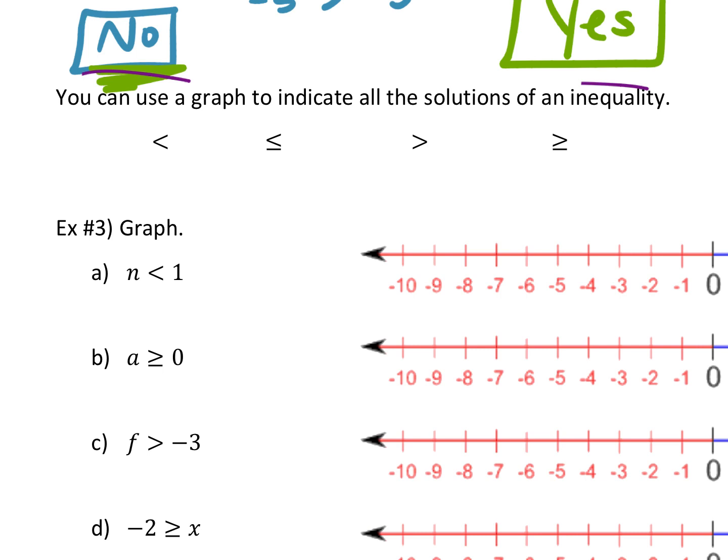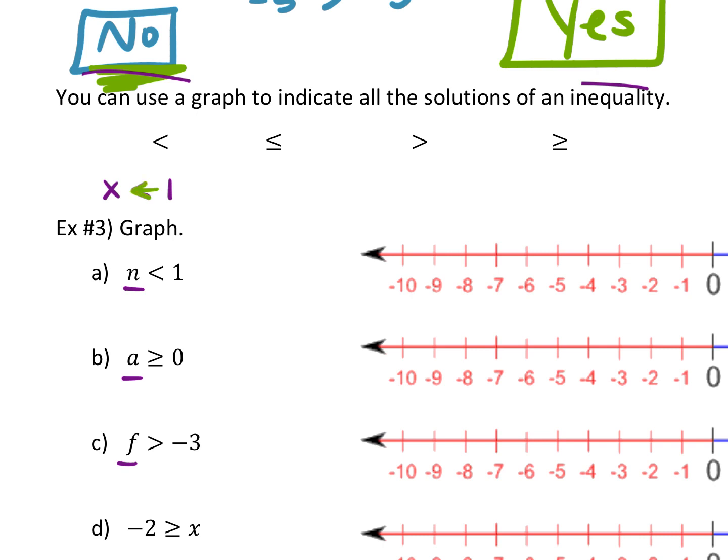So some things to look out for when dealing with this. If your variable is first, okay, your symbol could act as an arrow for you. Now this is only if your variable comes first. So if I said x is less than 1 and I wanted to know which way I need to shade, turn this into an arrow.